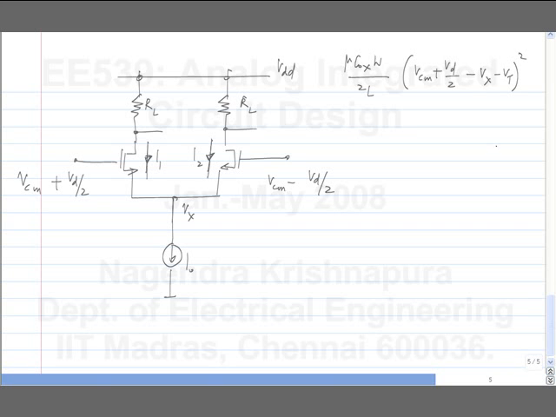This is one of the currents plus this whole thing equals I0. Okay. And this can be simplified to, this is the sum of squares.